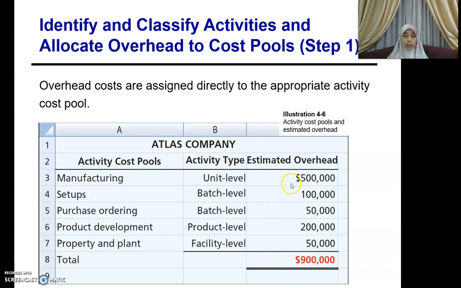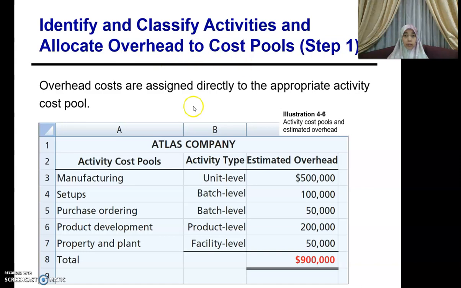Manufacturing has 500,000, setup 100,000, purchase ordering 50,000, product development 200,000, and property and plant 50,000. If you add this up, it gives you back the 900,000. This is the first step that you do, that is, you identify and classify activities.